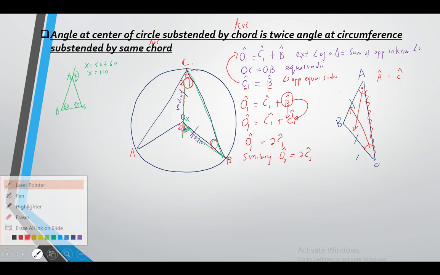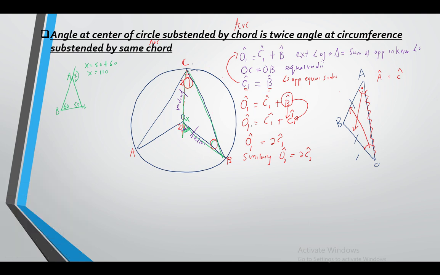Now you add your angles, this O1 and this O2, these two angles. You say O1 plus O2. Why do we add these two angles, O1 and O2?